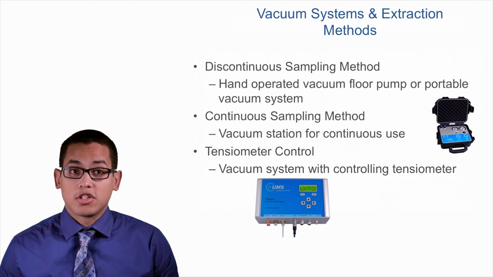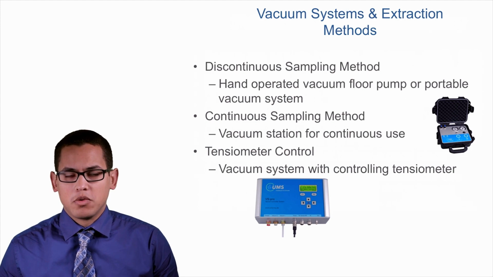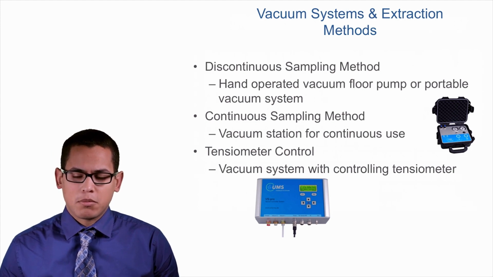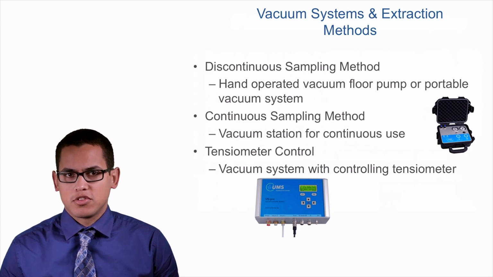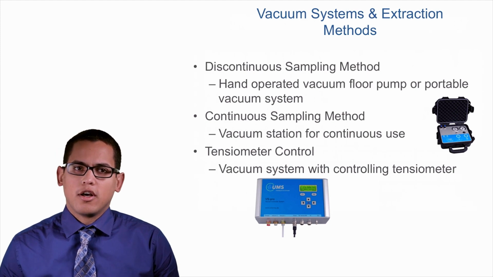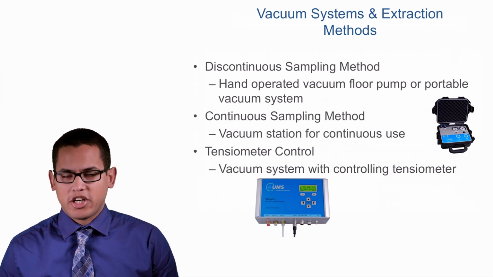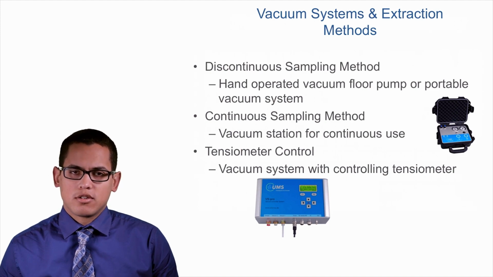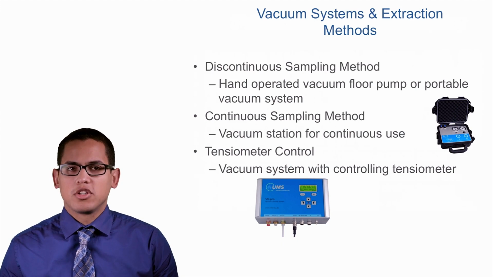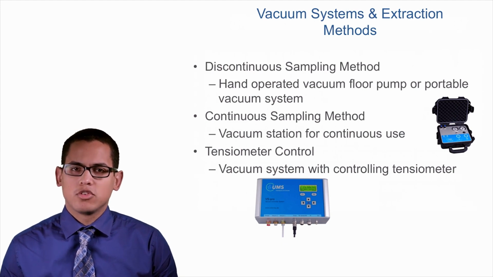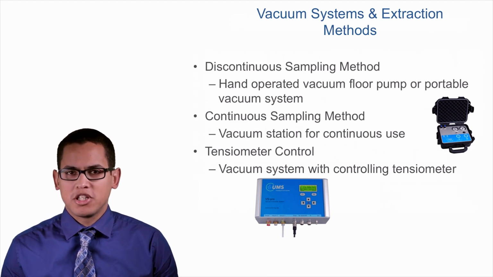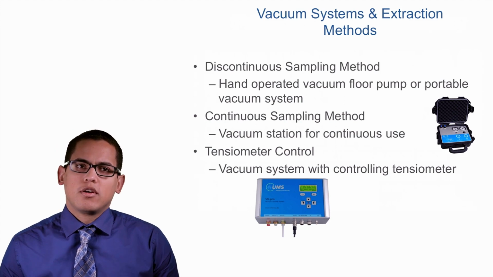Then the continuous sampling method, where you would use a permanently installed vacuum station for continuous use. And then tensiometer-controlled extraction, which goes along with the continuous sampling, but uses a tensiometer to vary the vacuum levels as soil water tension or soil water potential changes.